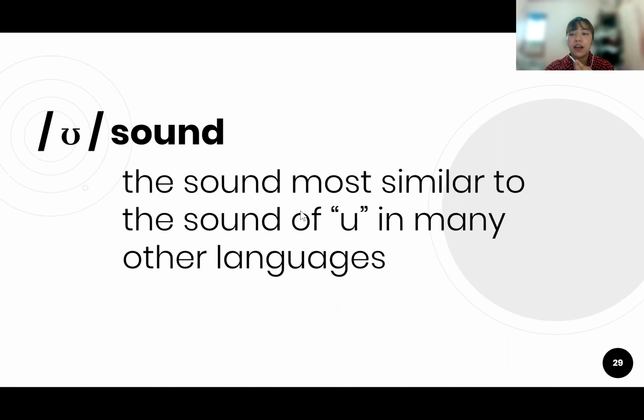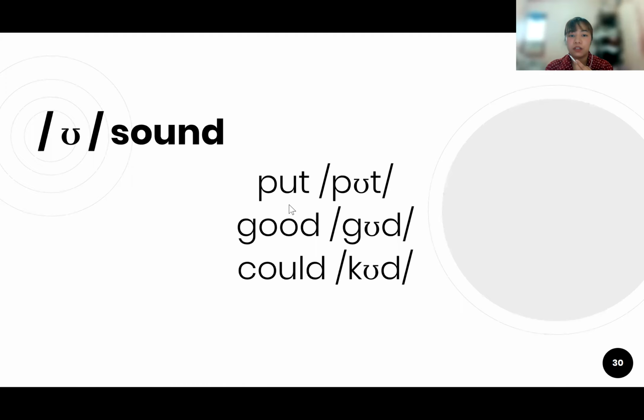Your short U sound is somehow similar to how we sound out your barred I and your dotted I. Your short U sound, we produce it with your U. For example, in the words put, good, could. That's how we produce your short U sound. It's not "putt," not "gud," not "cud." Put, good, could. That is how we transcribe this one.